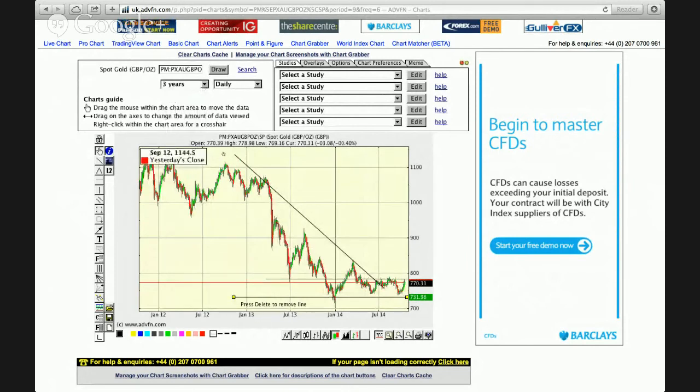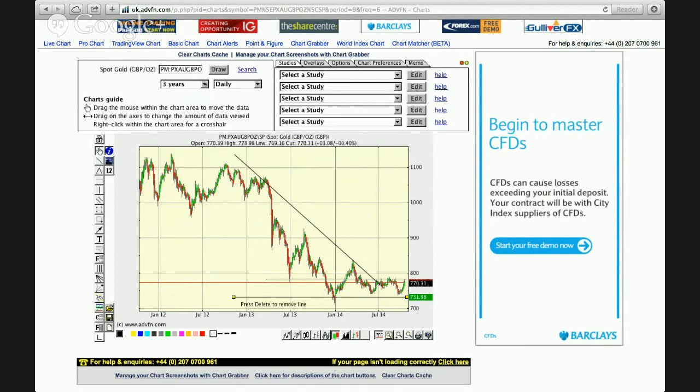It seems to have somewhat reached its low temporarily anyway, and there's a bit of a battle going on between bulls and bears. So gold is trying to break above in pounds terms, heading towards that 800 pound level, and heading down towards a support line at this point.